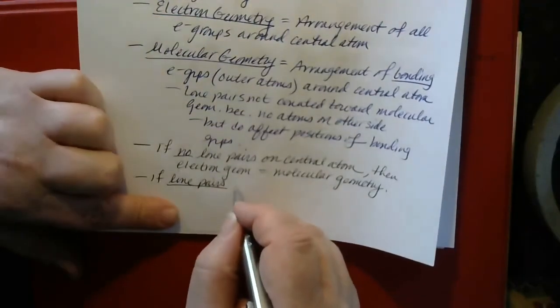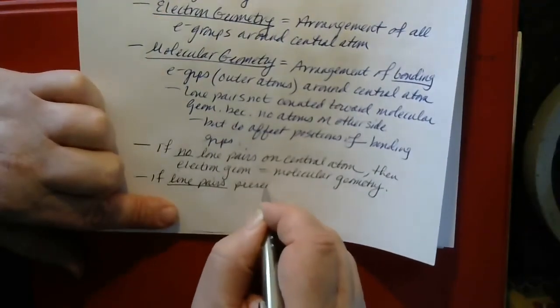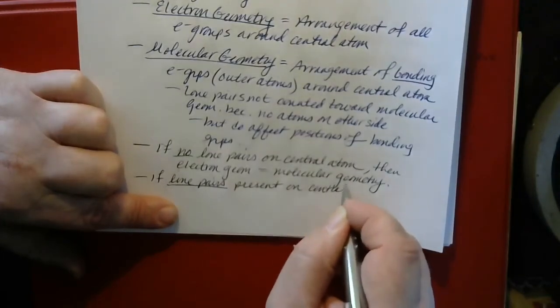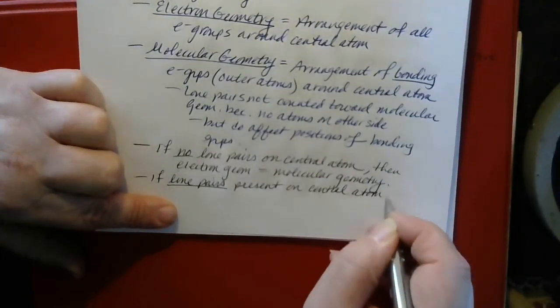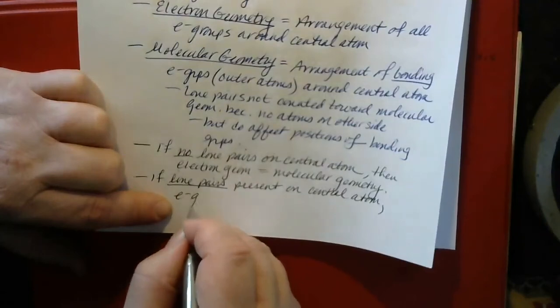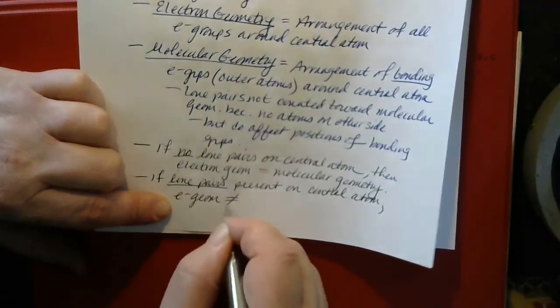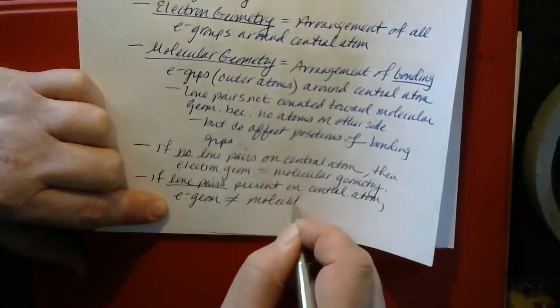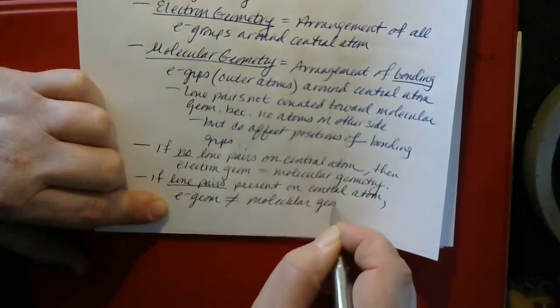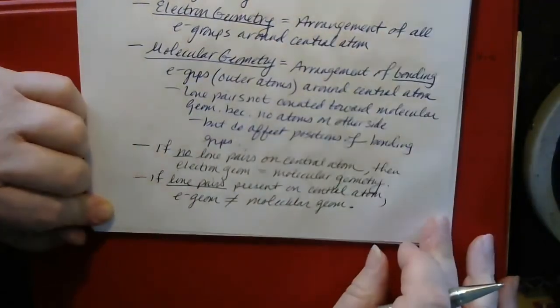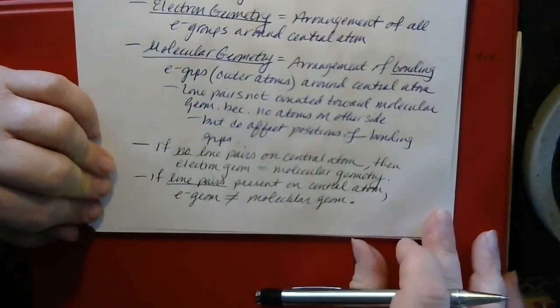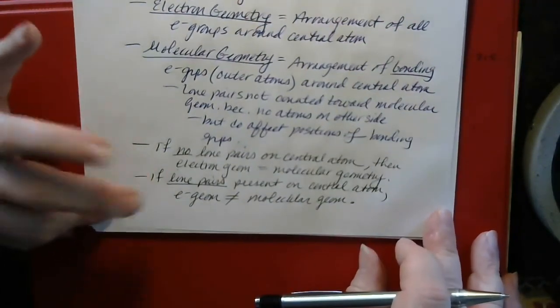If lone pairs are present on the central atom, then the electron geometry is not the same as the molecular geometry. And this is the part we're going to focus on now.